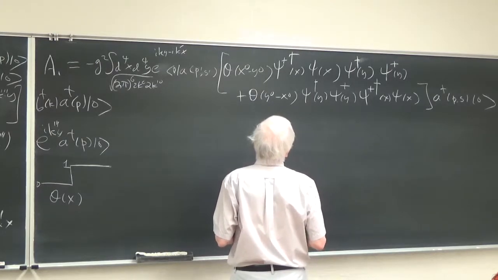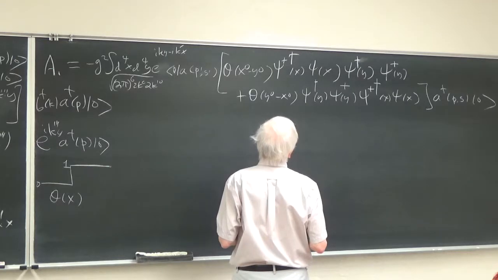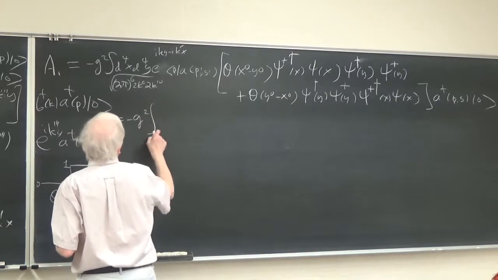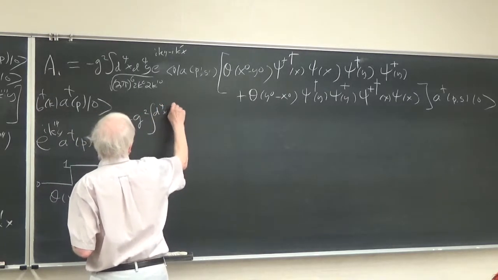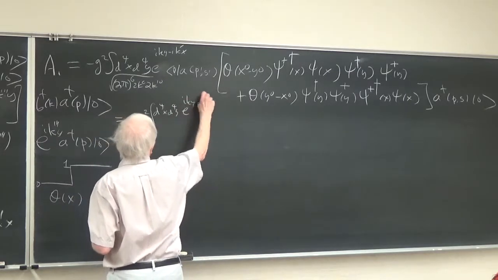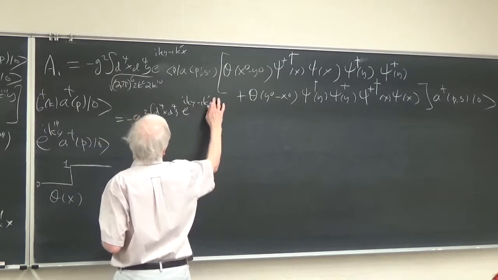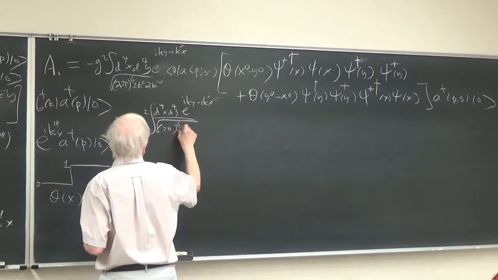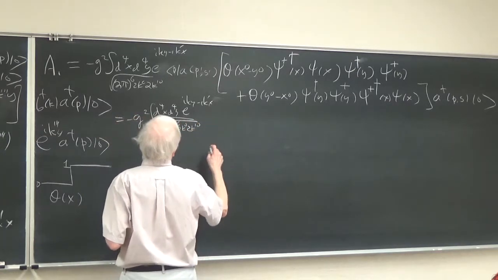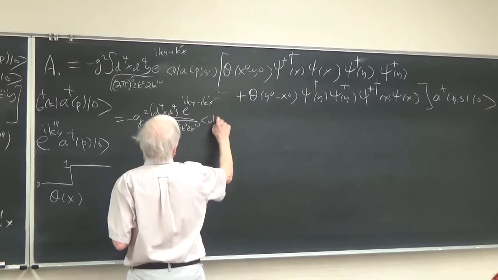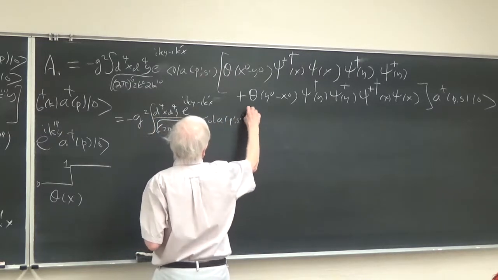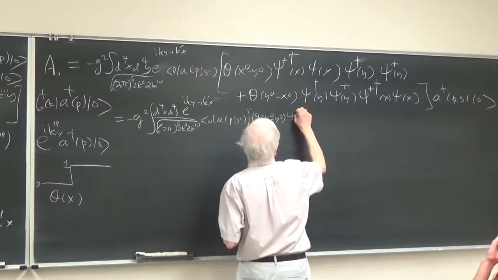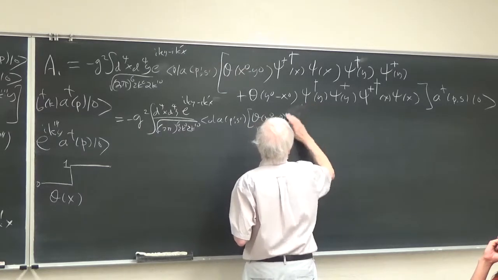So this would be minus e squared, d4 of x, d4 of y, e to the minus i k prime x, over the square root of 2k0, 2k prime 0, and a of p prime s prime, theta of x0 minus y0, psi plus dagger. I'm going to write this as psi plus dagger.